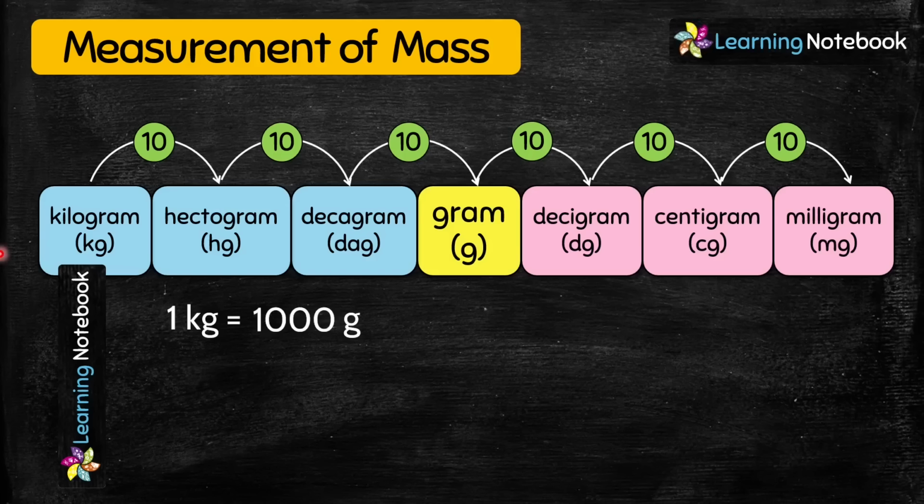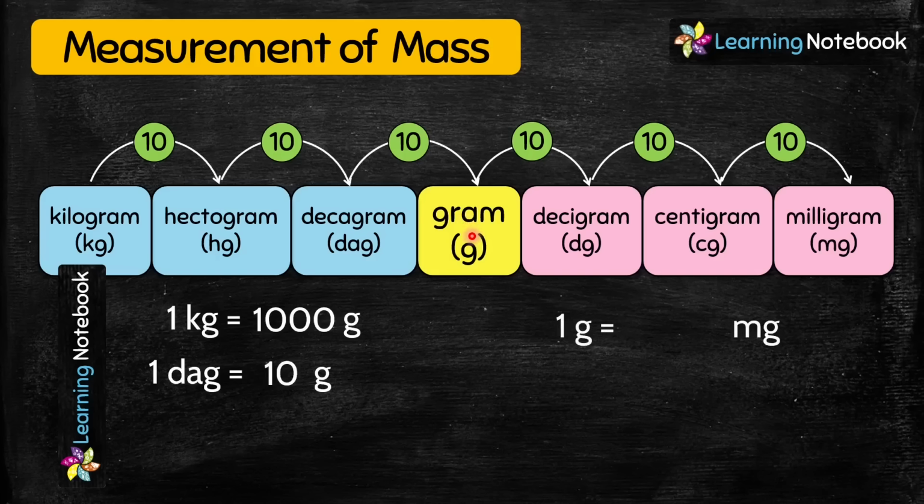So 1 kilogram equals 1000 grams. Now 1 decagram equals how many grams? Again, let's see how many times we need to jump. Only once. So it means 1 decagram equals 10 grams.